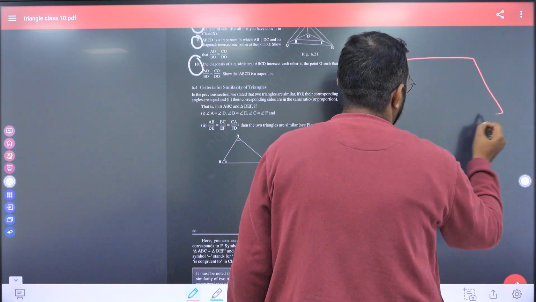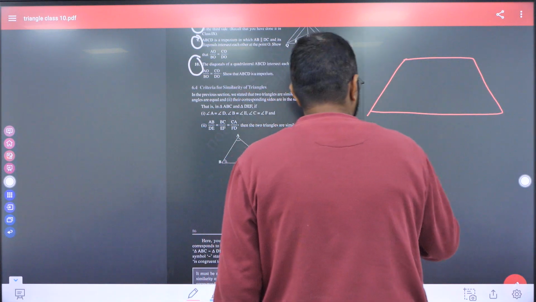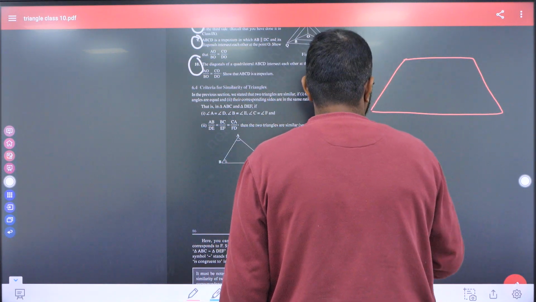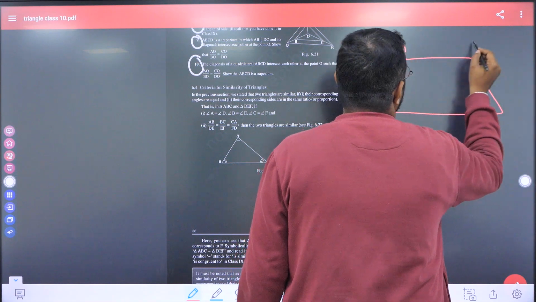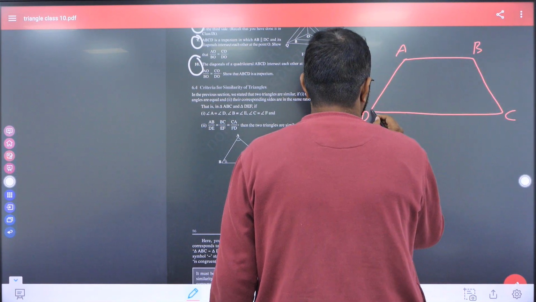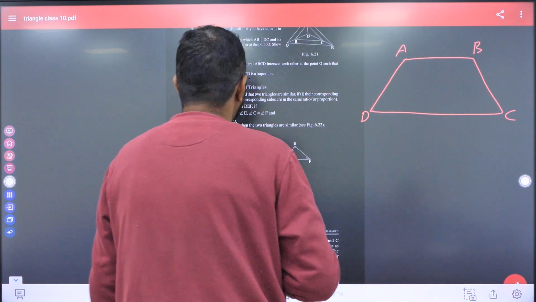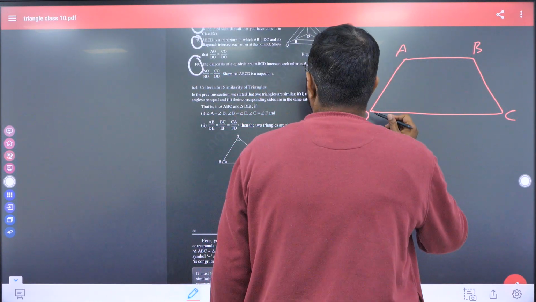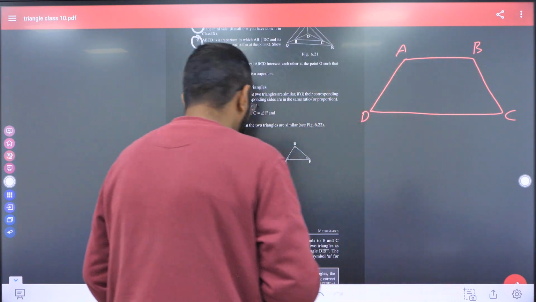It is already given here. It is given that ABCD is a trapezium. No, it is not given that it is a trapezium.